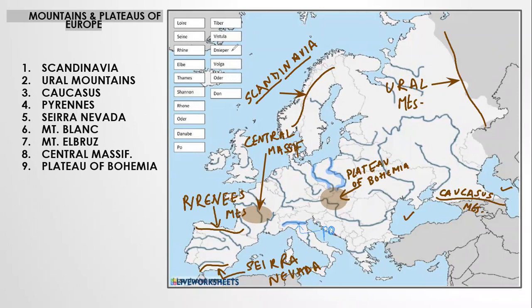For marking the mountain peaks, we use black color. So this is actually Mount Blanc.